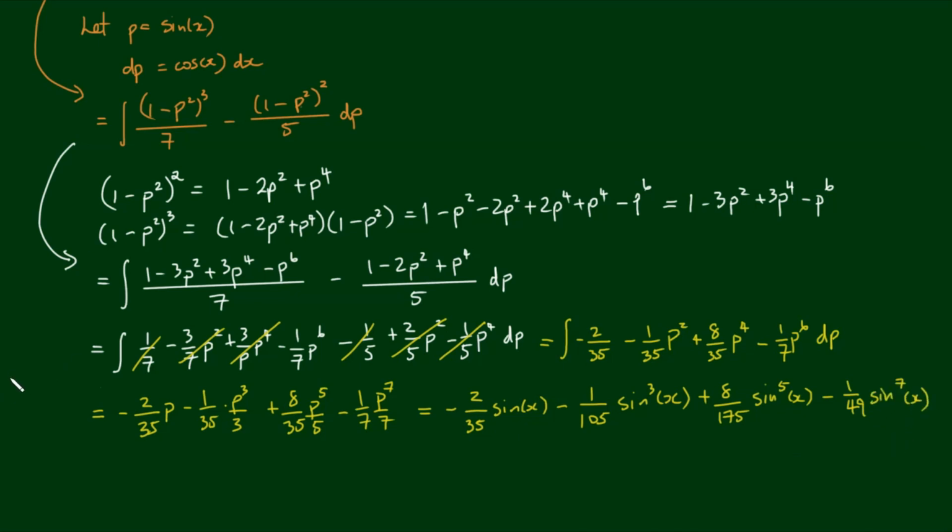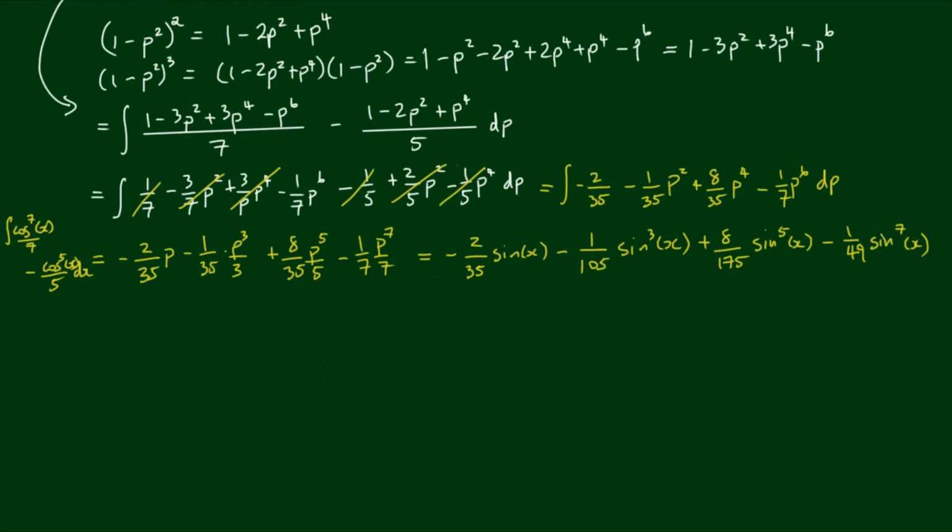Okay, so remember this is the result of the integral of cosine to the 7th power of x on 7 minus cosine to the 5th power of x on 5 dx. Okay, so we can sub this result now into the original integral.